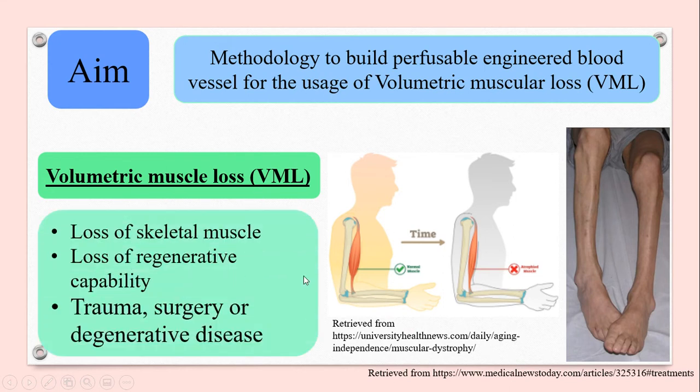It's a substantial loss of skeletal muscle and impairment of the regenerative capability, which means the lost skeletal muscle will not grow back to its original size, and the whole human body has muscle, I would say. It can be caused by trauma, surgery, or degenerative diseases.